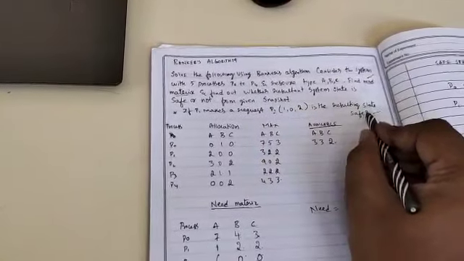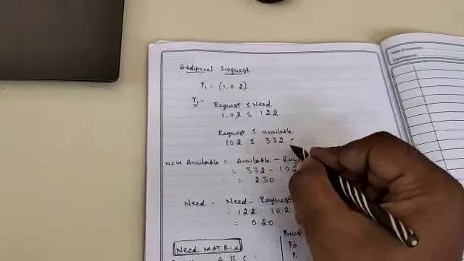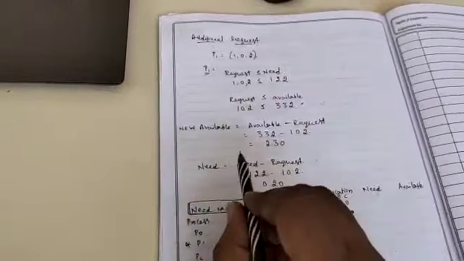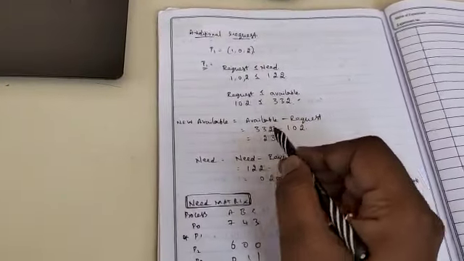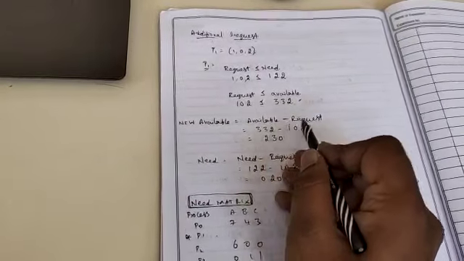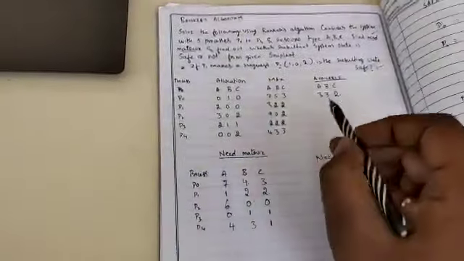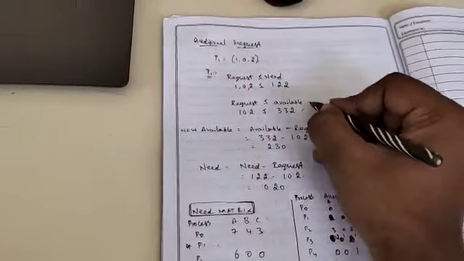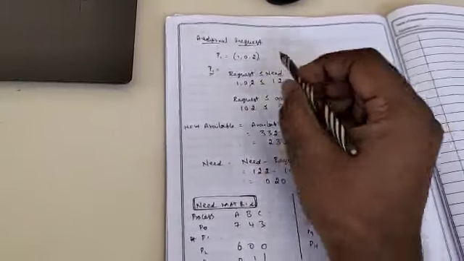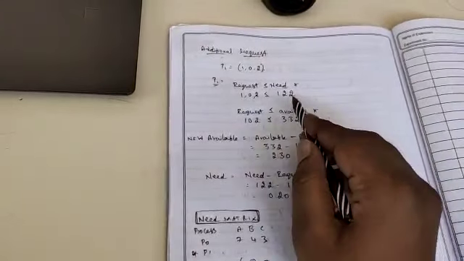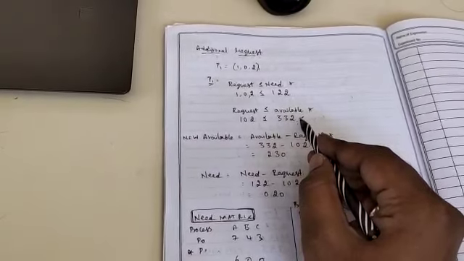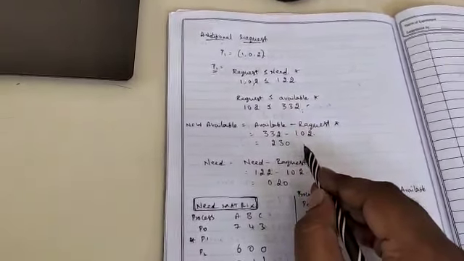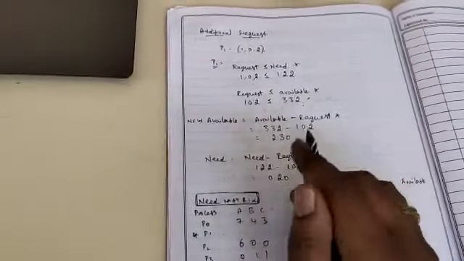Now we need to identify the safe state of the P1 process. For finding the new available, or new work, you need the formula available minus request. Available is 332 and request is 102. This is one formula, this is another formula, and this is another formula for the additional request. This condition is satisfied, and then we identify the new work once the permission is granted.